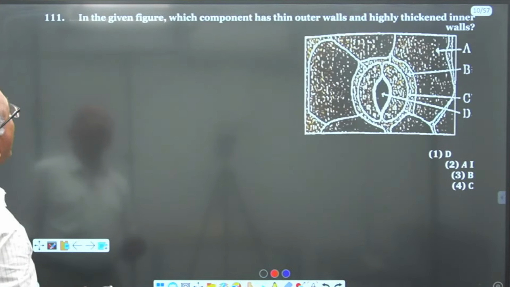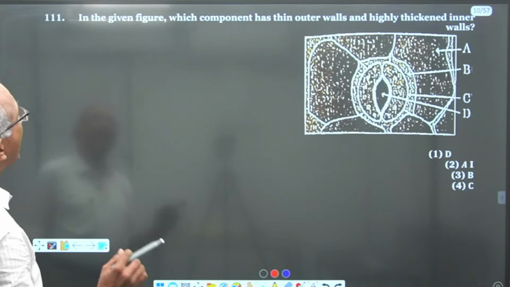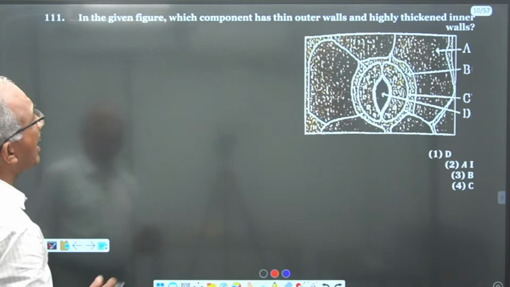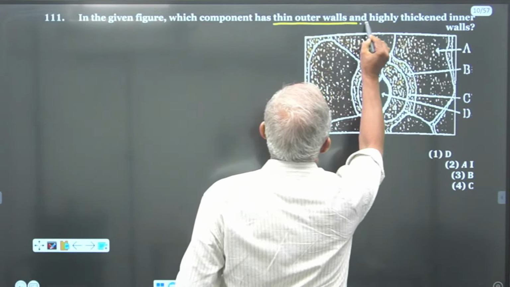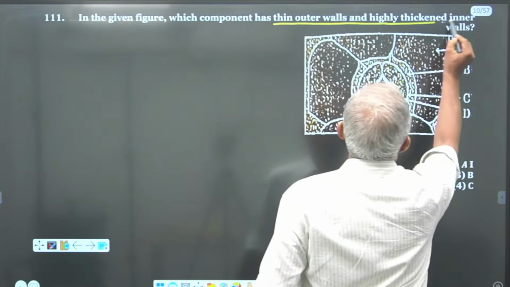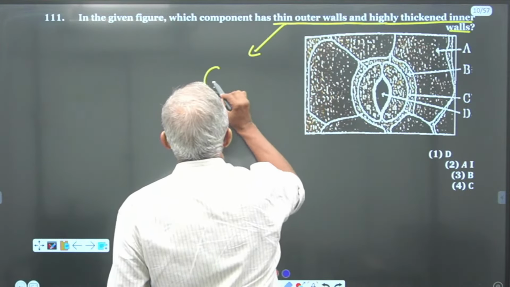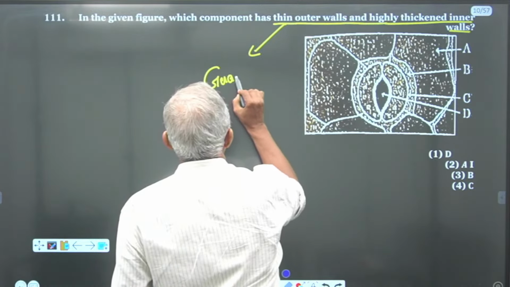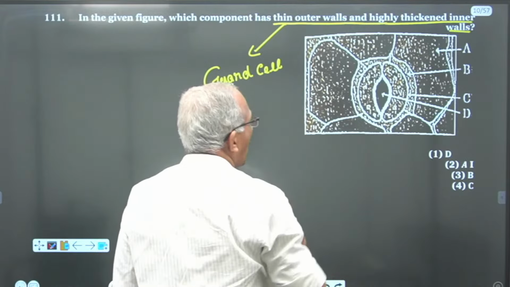In the given figure, which component has a thin outer wall and a highly thickened inner wall? The cell mentioned in the question is the guard cell.